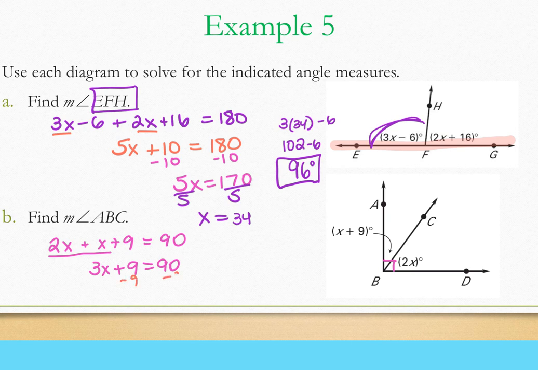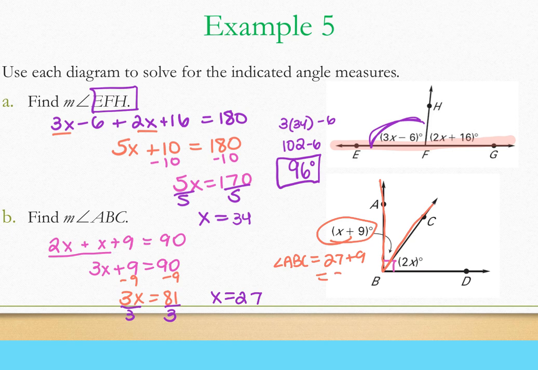Subtract the 9. 3x equals 81. Divide by 3. And x is 27. Again, not done because this time it wants angle ABC, which is x plus 9. 27 plus 9, 36 degrees.